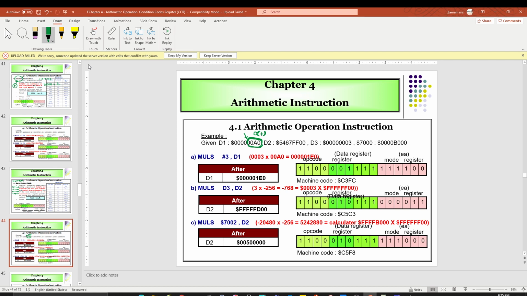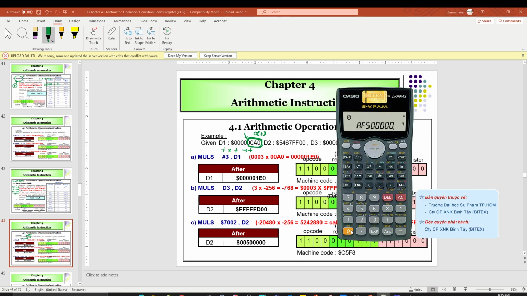Okay, so in this case, 0003 times 0080 is a positive number times a positive number, which results in a positive number. So you can see, 0003 times 0080, the result is going to be 000001E0.